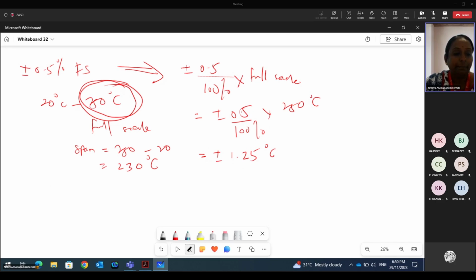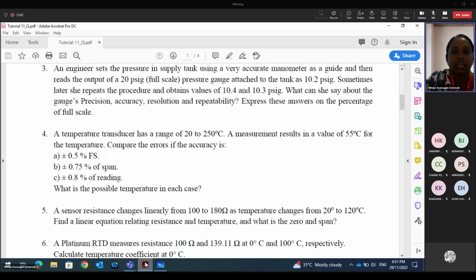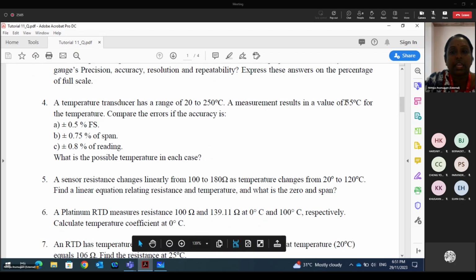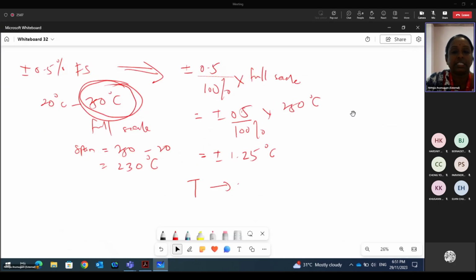So the possible temperature in each case, since the question is about the temperature at 55 degrees Celsius, is 55 degrees Celsius plus 1.25 degrees Celsius, or 55 degrees Celsius minus 1.25 degrees Celsius. We have two values of temperature in this case.